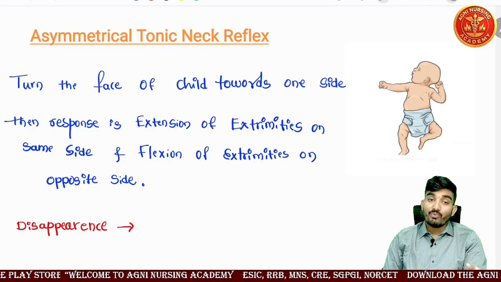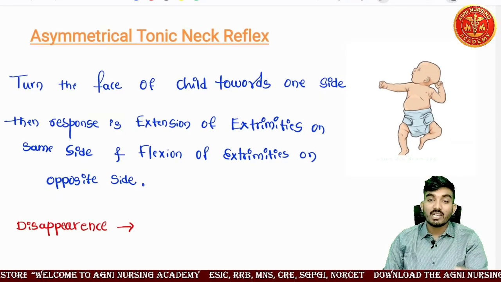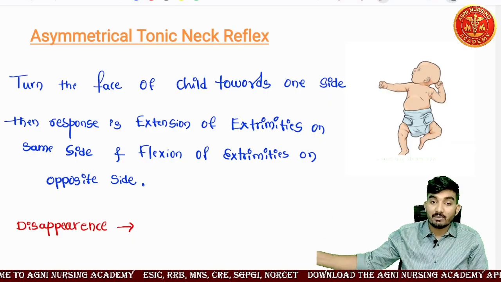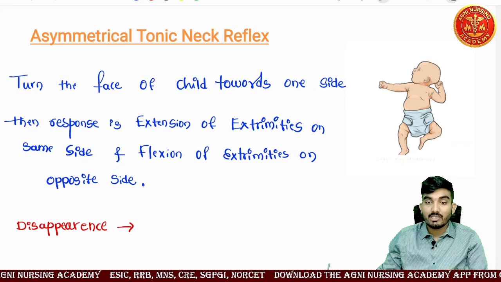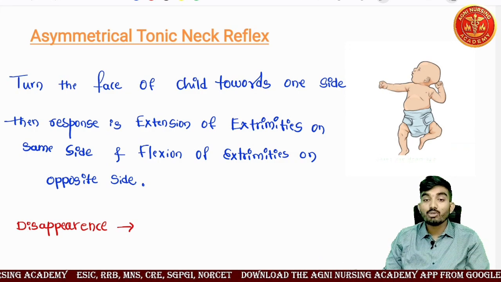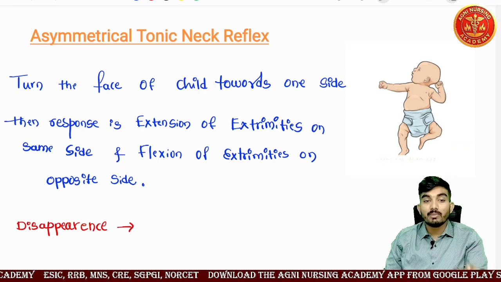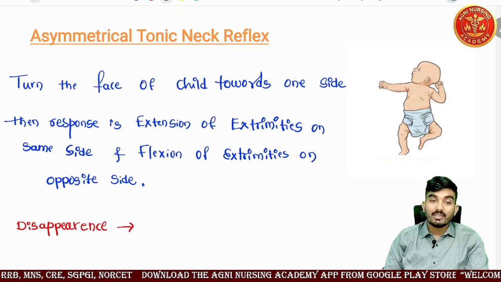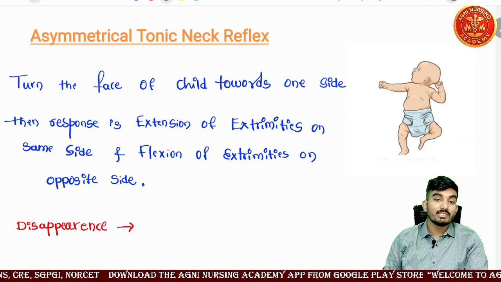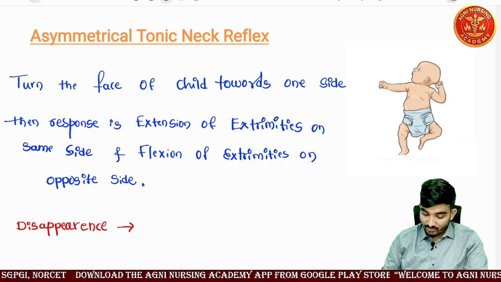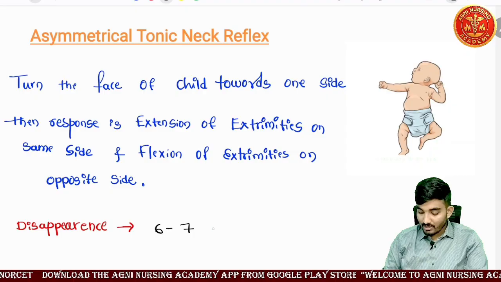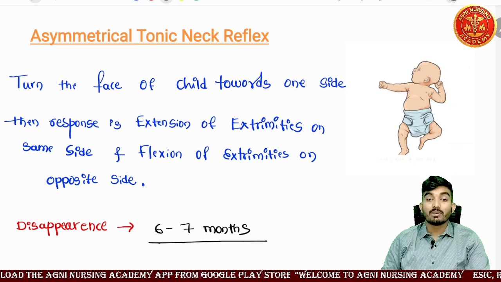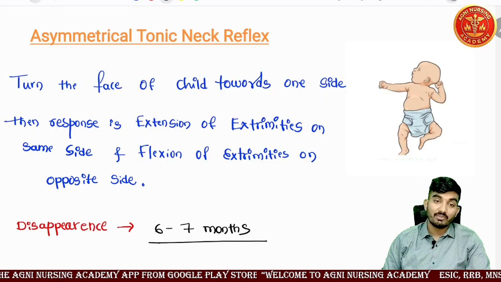When we turn the head of the child towards one side, on the same side the child will extend the extremities, both upper and lower, and on the opposite side flexion of the extremities occurs. That is called the tonic neck reflex. It disappears at the age of 6 to 7 months.